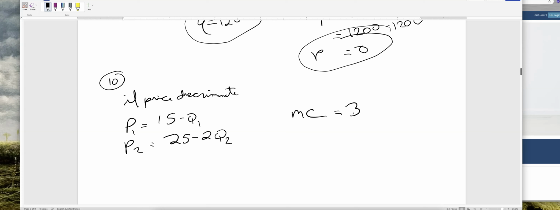Because the marginal cost is given to us as 5 plus 3 Q1 plus Q2. So it's just going to be that 3, right? Because that's our variable function.